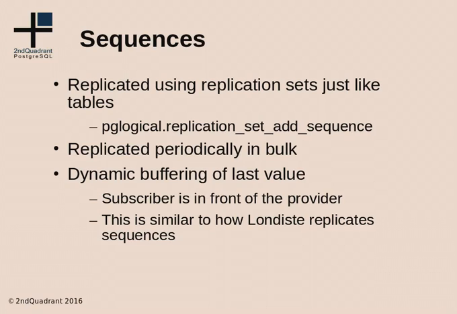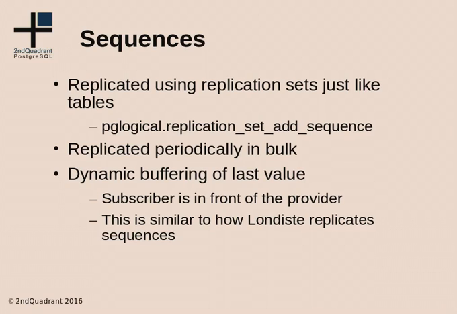So we had to invent a slightly different way of doing that. We are doing it very similarly to what Londiste does, for example. We basically read all the sequences that are replicated, see that this sequence is changing at this rate, so we should tell the subscriber to be this much in front so that it never falls behind the master, and that's it.